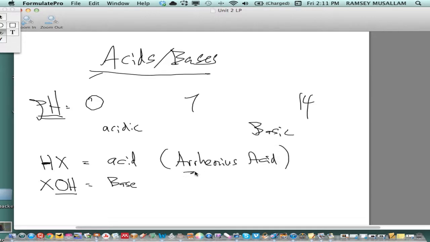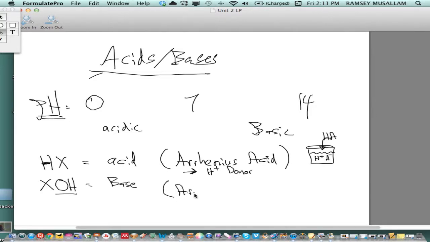And an Arrhenius acid is called an H+ donor. So what that means is if you had a solution and you put the acid in the solution, you're going to get H+ and A- in the solution. We're assuming strong acid right now. That's what it means by it being a donor. It's giving H+ to the solution.